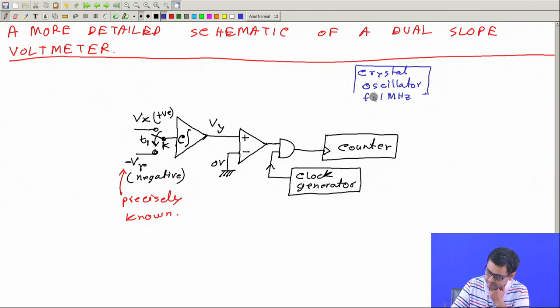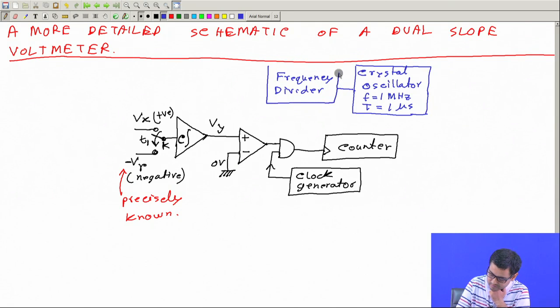So this is the frequency. If this is the frequency, what can we write about the time period? The time period will be 1 microsecond, right? Now we can take a frequency divider. What is the function of the frequency divider? The function of a frequency divider is as follows.